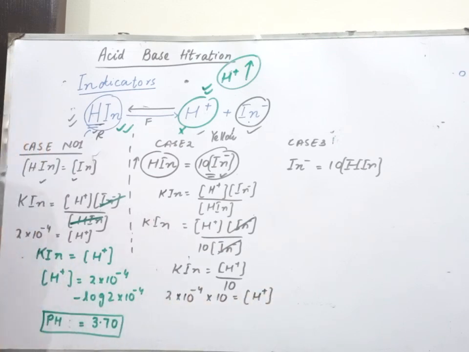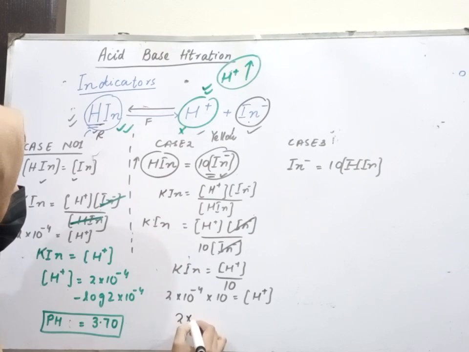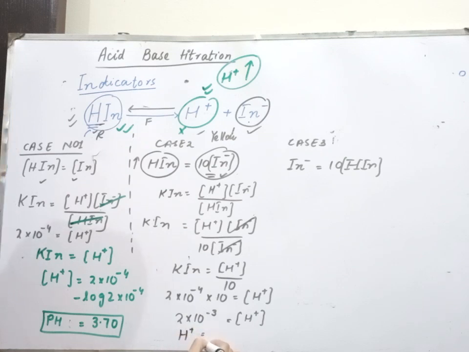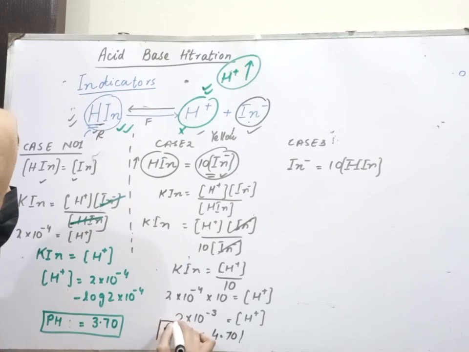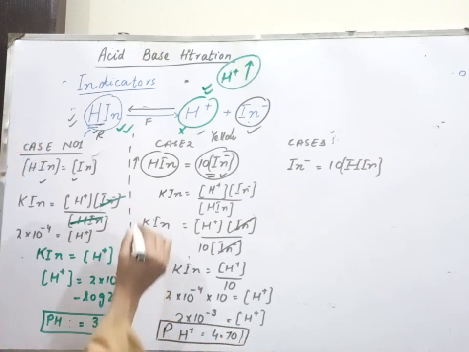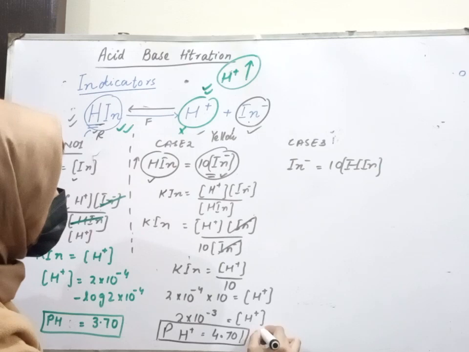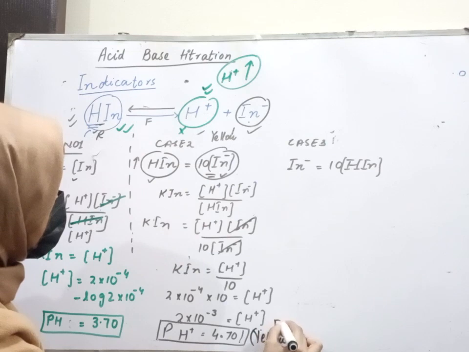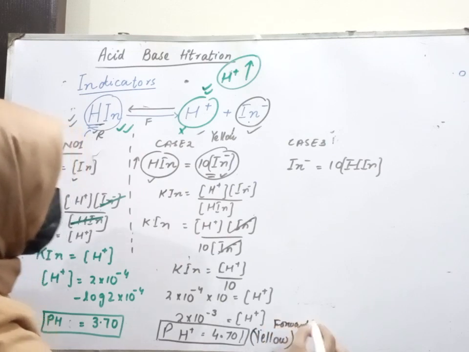And the concentration will equal 2 times 10 to the power minus 3. H positive, if you take the negative log, you will get the answer, that will be 2.70 pH. If the concentration of HIn is greater, then the reaction will move in the forward direction and the yellow color predominates.